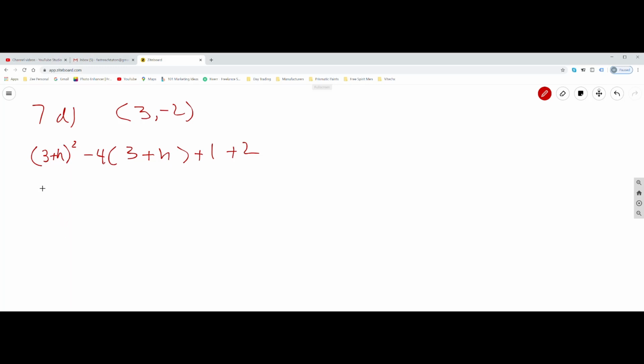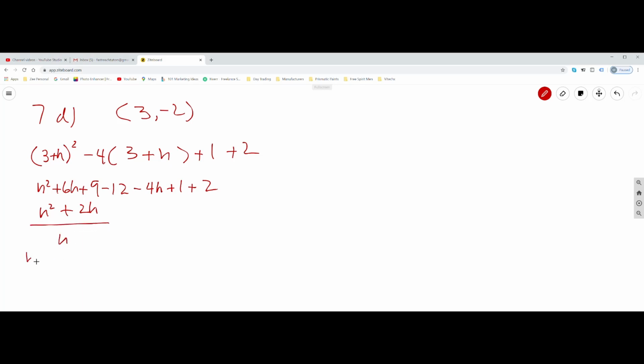So you have 9 plus 6h plus h squared minus 12 minus 4h plus 1 plus 2. So you're left with h squared plus 6h minus 4h, there you get plus 2h, and then all of the numbers are 0, over h.